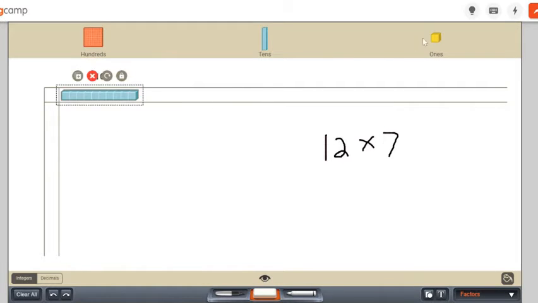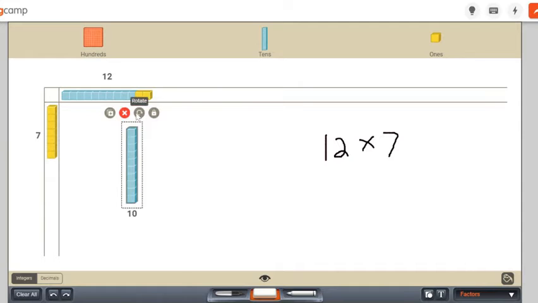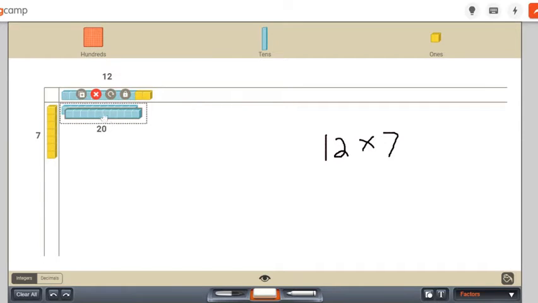There's 10, and then 11, 12, and then I'm going to put my 7 on the vertical side. So now when I build this, I know I'm going to have at least 7 of 10s, right? I'm going to flip them. And then I can make a copy, make a copy, make a copy.